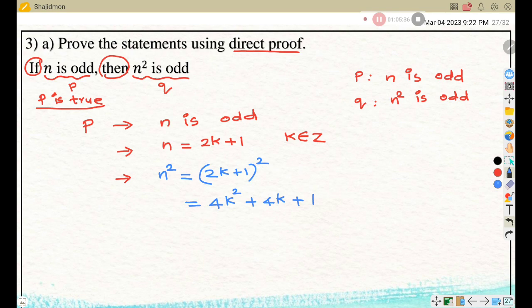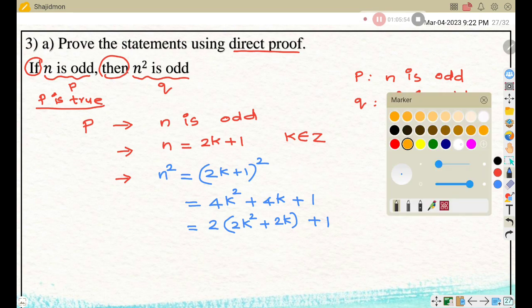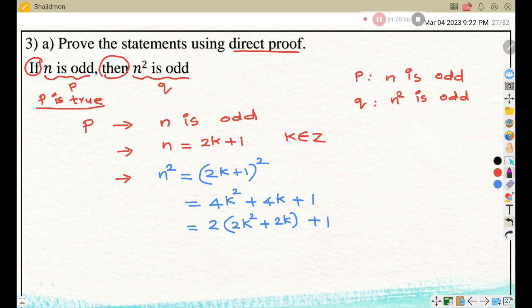Correct. Now the first two terms we can take 2 common. 2 multiply. What will be the balance? 2k square plus 2k, correct? Plus 1. Yes or no? Yes. You can take 4k also common. It is only for your understanding.